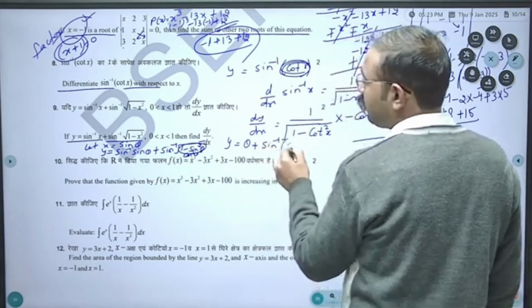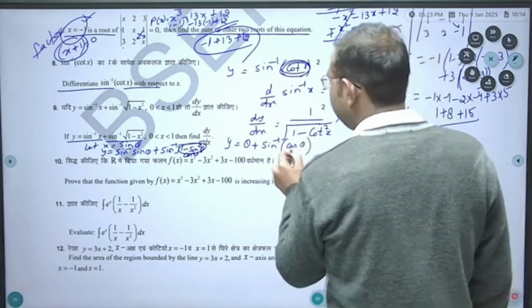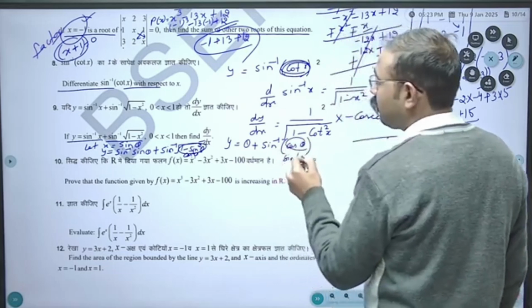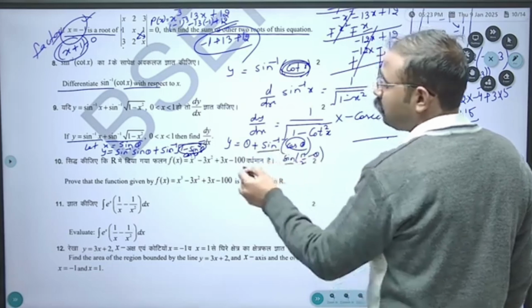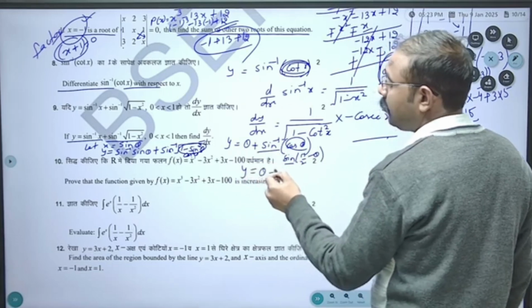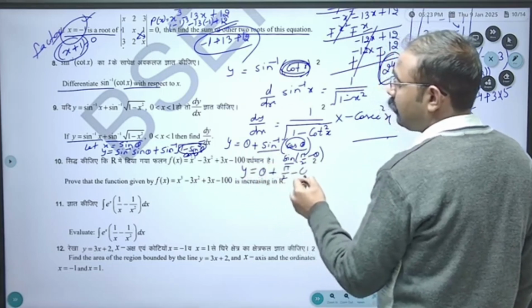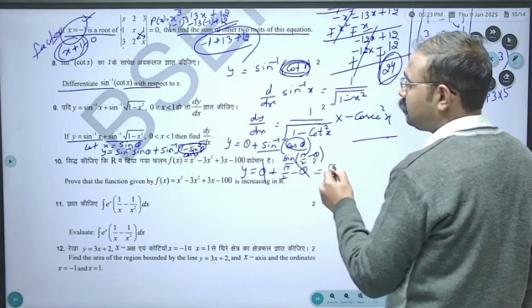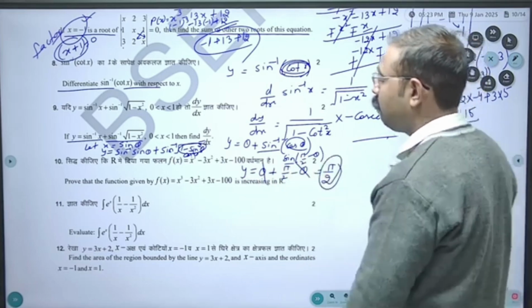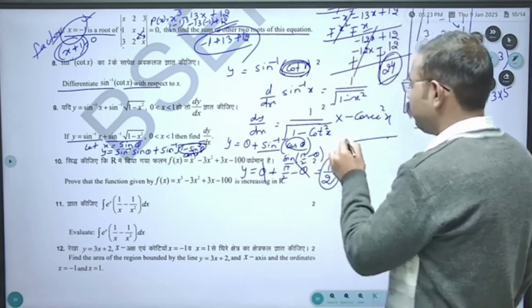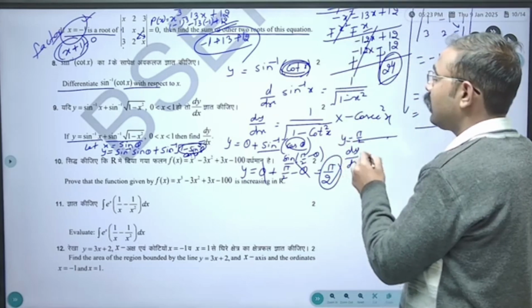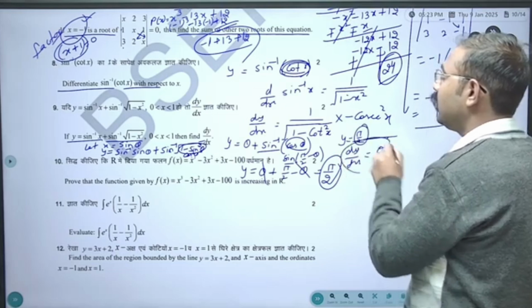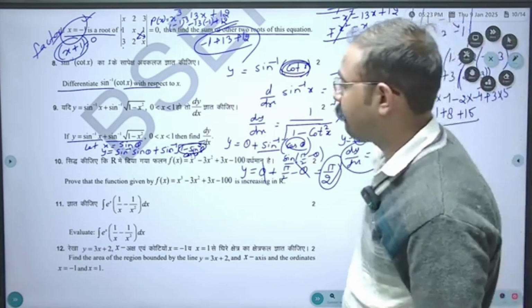Sine inverse cos theta, and we can write cos theta as sine of pi by 2 minus theta. Sine inverse and sine cancel, and we have y is equal to theta plus pi by 2 minus theta. Theta minus theta cancel. What is remaining here? Pi by 2. So y is equal to pi by 2, and its differentiation will be dy by dx is equal to 0, since pi by 2 is a constant and its derivative is 0.